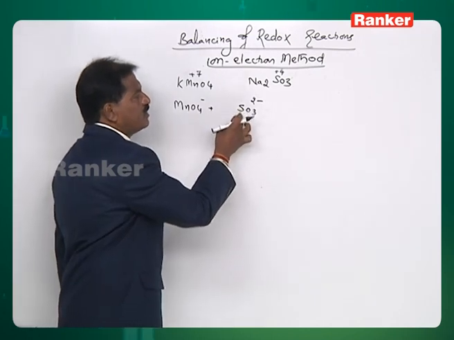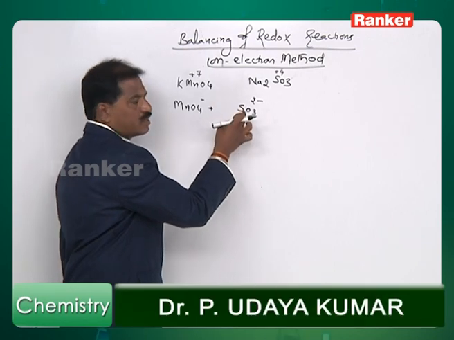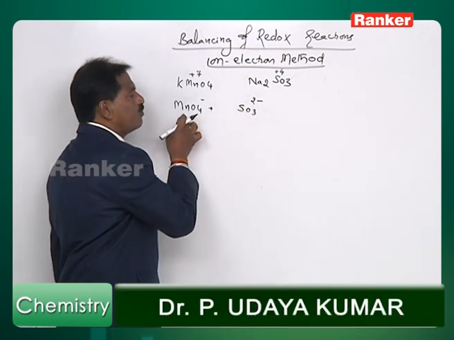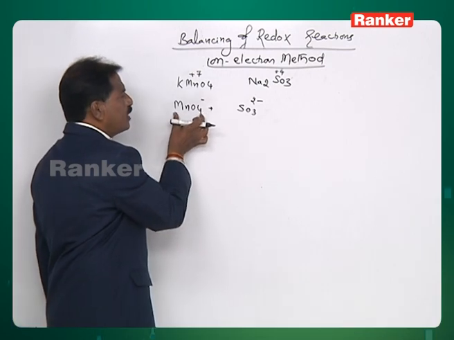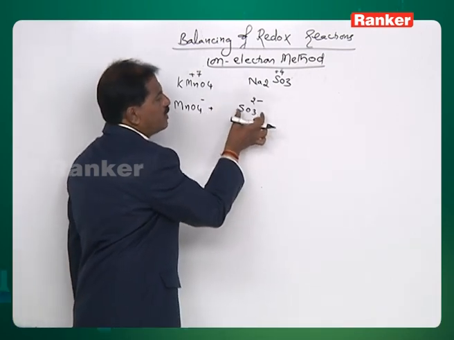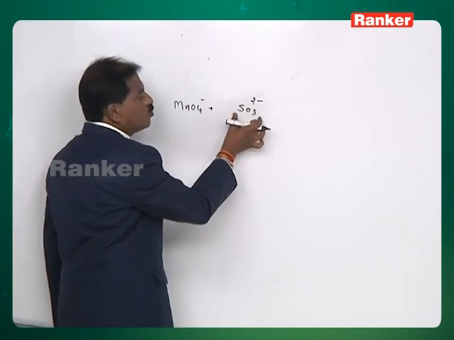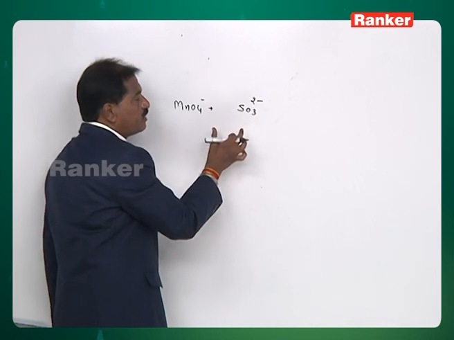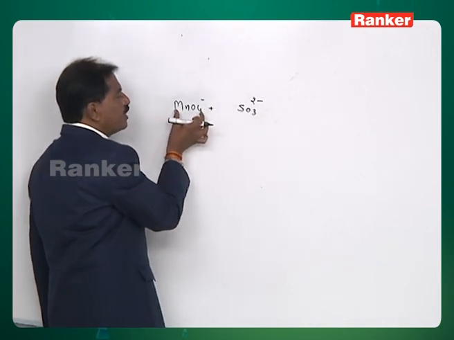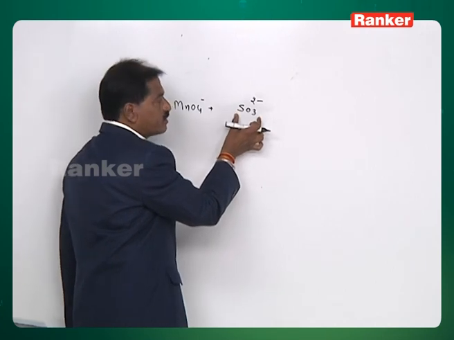Since sulfur is in the +4 oxidation state, it can lose a certain number of electrons to MnO4-. Therefore, MnO4- will act as the oxidizing agent, and SO3 2- will act as the reducing agent. In this reaction MnO4- will gain electrons, and SO3 2- will supply the electrons.